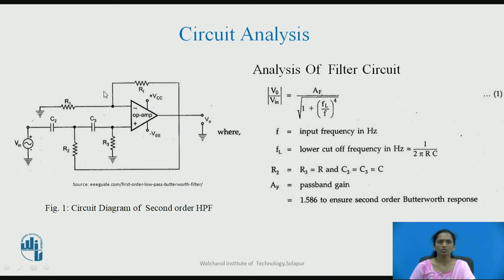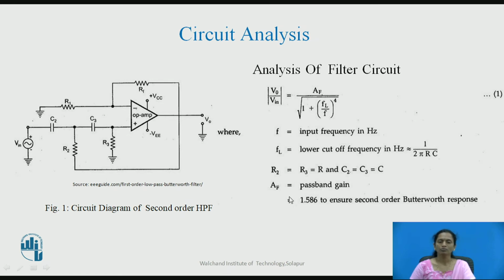These provide the gain, and you know the equation of gain, 1 plus RF upon R1. You have to get this value equal to 1.58, so 1.58 equals 1 plus RF upon R1. In that case, you assume any one resistor value and calculate the other resistor's value.